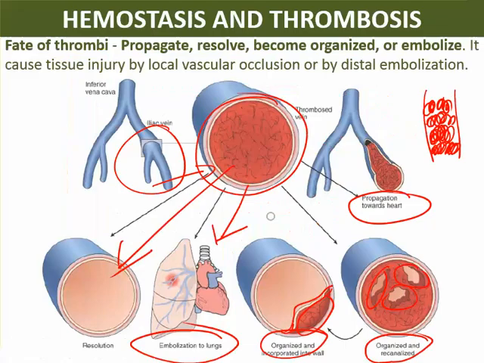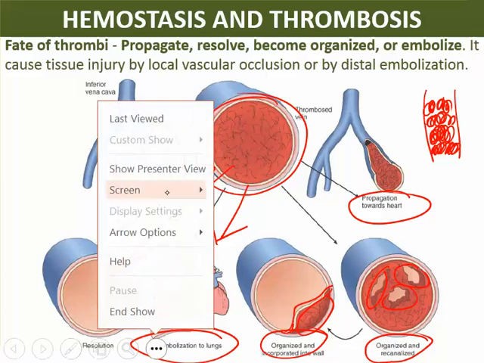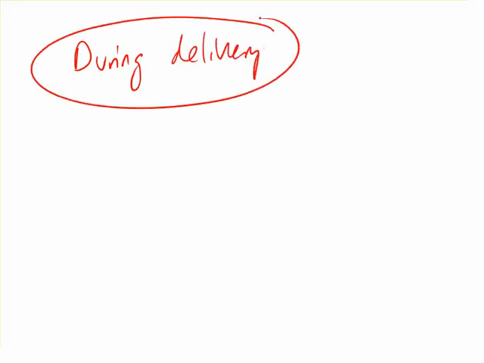You all know amniotic fluid during delivery. You all know amniotic fluid or not? See, amniotic fluid is a fluid which covers the baby when the baby is growing. I don't want to go into detail now. So the membrane ruptures, the fluid comes out, then the baby gets delivered.